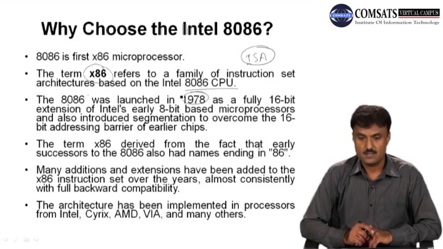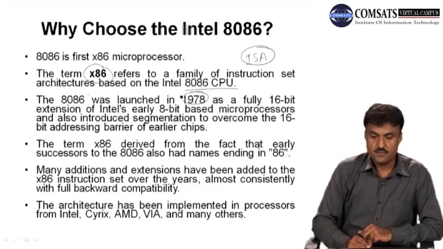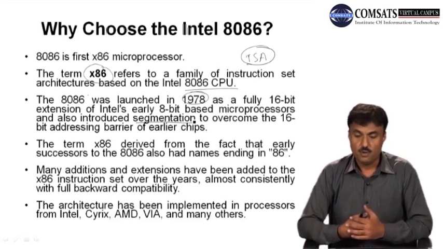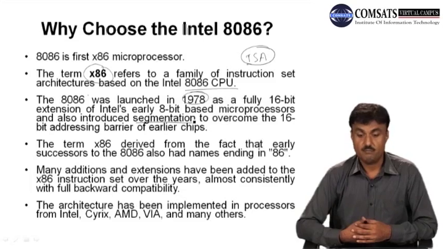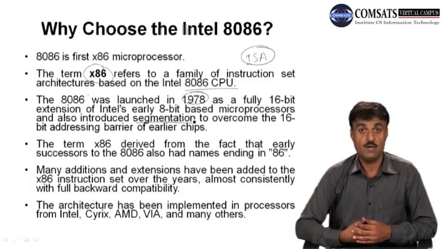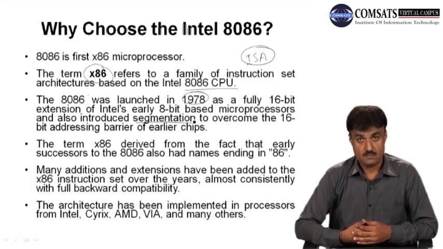So this was the first 16-bit microprocessor, and it also introduced segmentation, where we divide the whole memory into different segments to overcome the 16-bit addressing barrier of earlier chips. Here we are using 20-bit addresses; previously there were only 16-bit addresses.